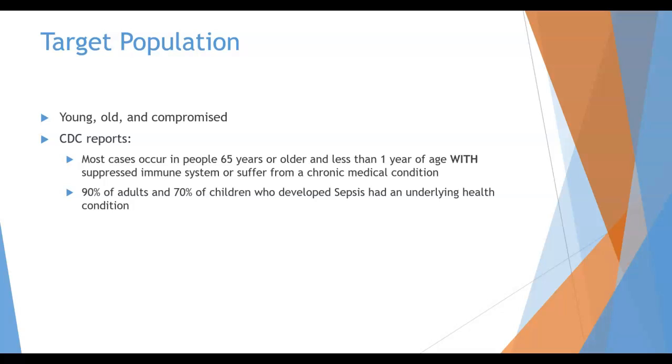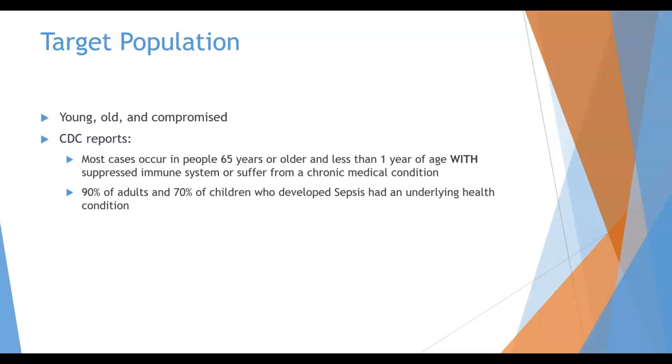It doesn't really matter, they become more susceptible to having this infection that systemically forces their entire body to react and overreact, really. So most people that have sepsis are 65 years or older, or they're less than 1 year of age, and they have an immune system that's suppressed, or they suffer from that chronic medical condition.